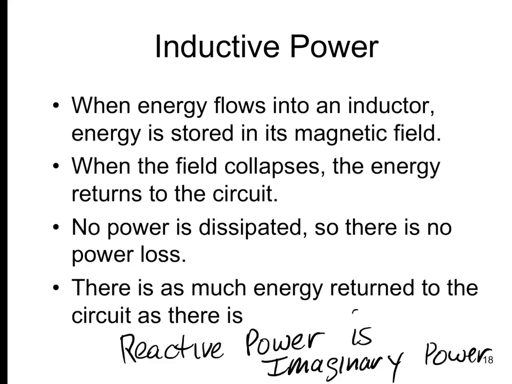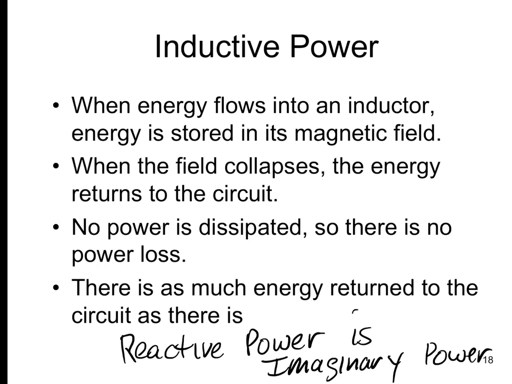Okay, so inductive power, we want to talk about that for a moment. When it comes to an inductor, it doesn't do any real work. We have a building and collapsing magnetic field that essentially induces energy back into the circuit on alternate cycles of the AC waveform. So what it means is that there's never any real work being done, but we need to be able to explain the voltage and the current that we have from an inductor.